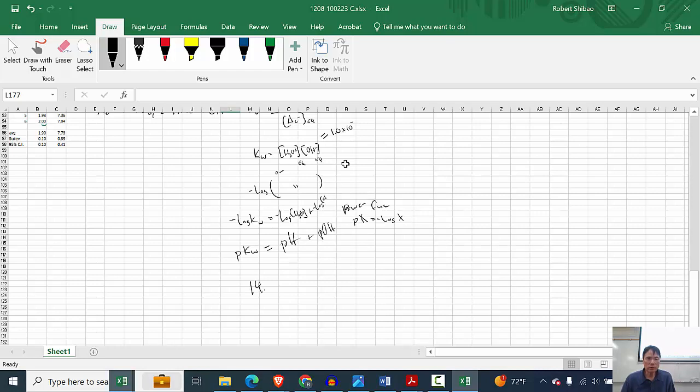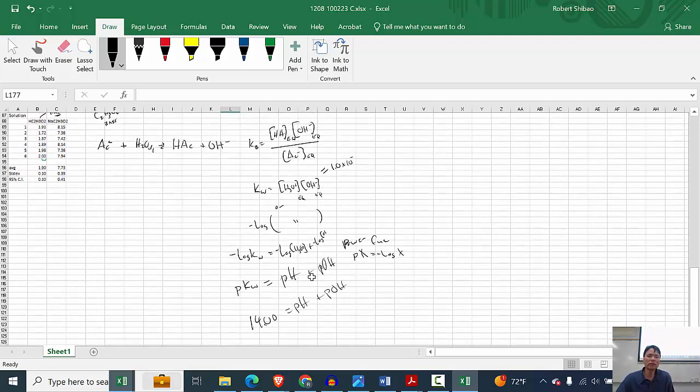And so pKw is 14.00, and the pH plus the pOH have to add up to 14.00. So if I know what the pH is, then I can convert that into pOH, and once I have the pOH, I can convert that into the hydroxide ion concentration at equilibrium. So from the pH, I'll calculate the pOH and then get the hydroxide ion concentration at equilibrium. And then I'll have that for my ice table here.